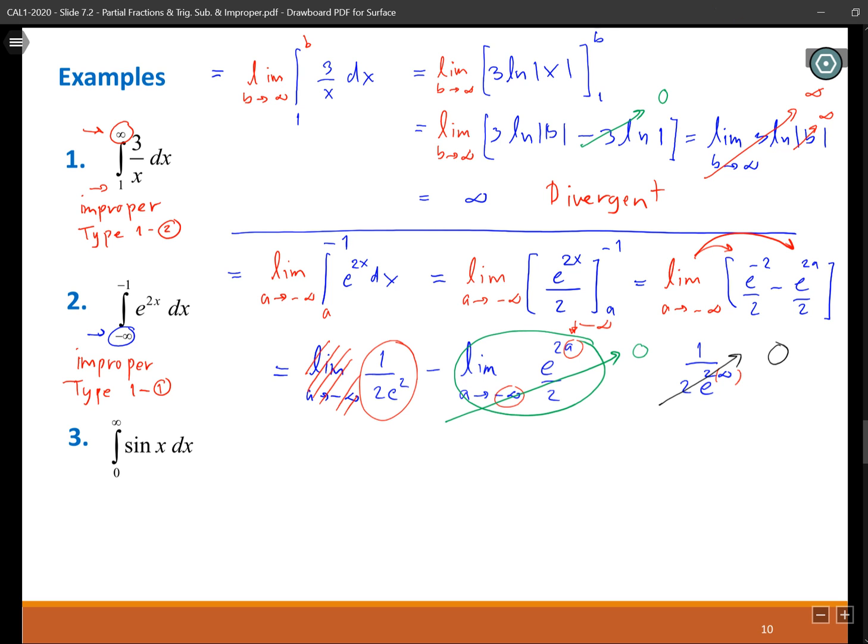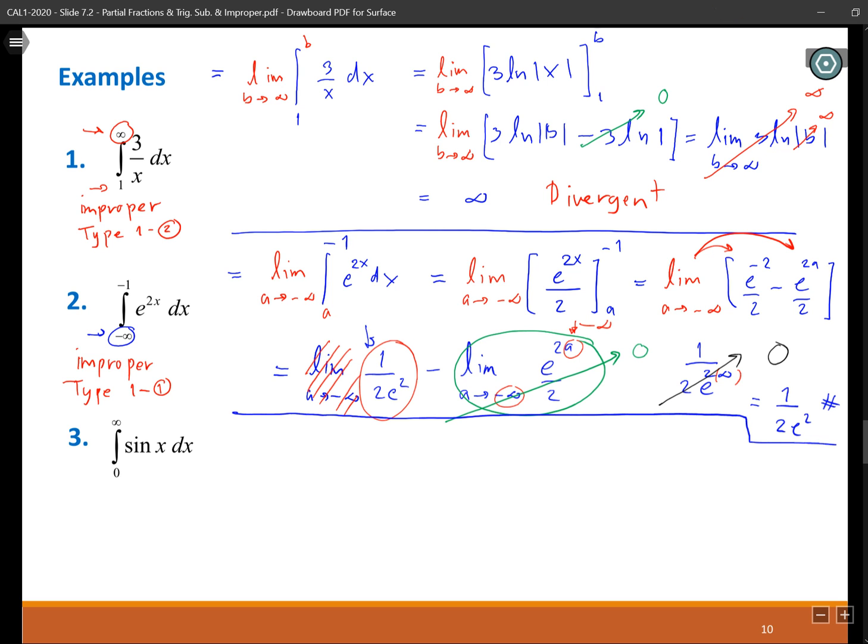So in the end we have this term, and that's equal to 1 over 2 e to the power of 2 as the final answer. Alright, and that is example number 2.